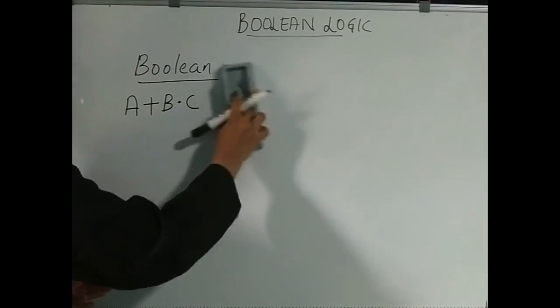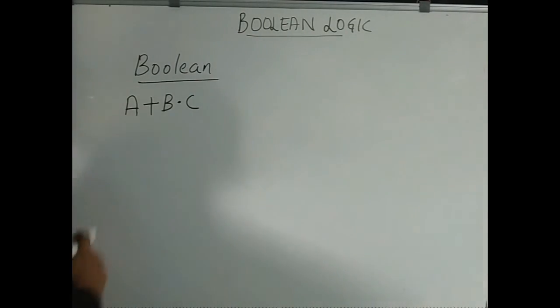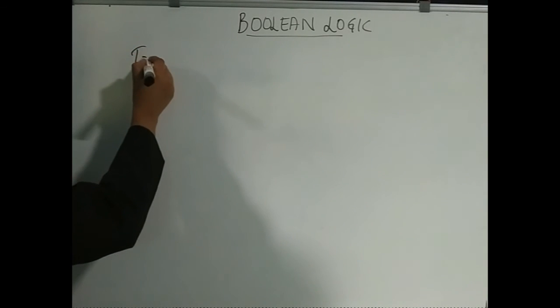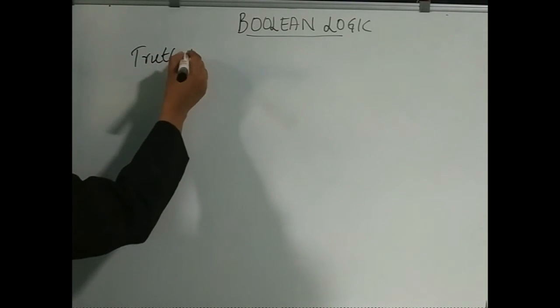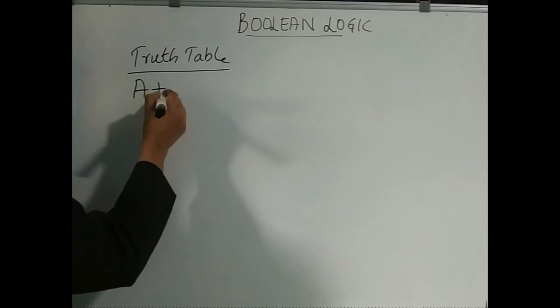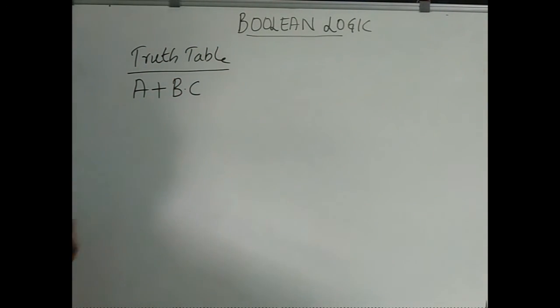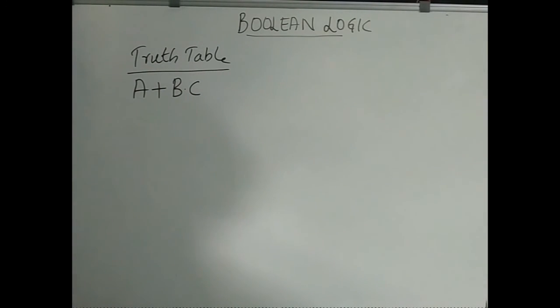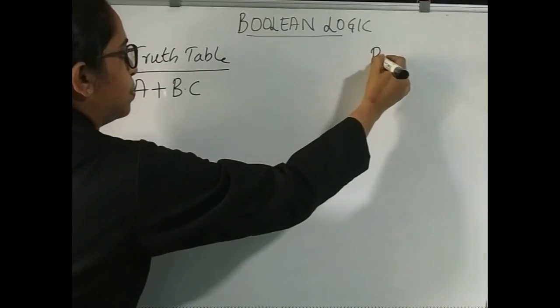We'll write the truth table for A or B and C. Okay, so before that we have to study the priority of different operators, the priority or the preference.